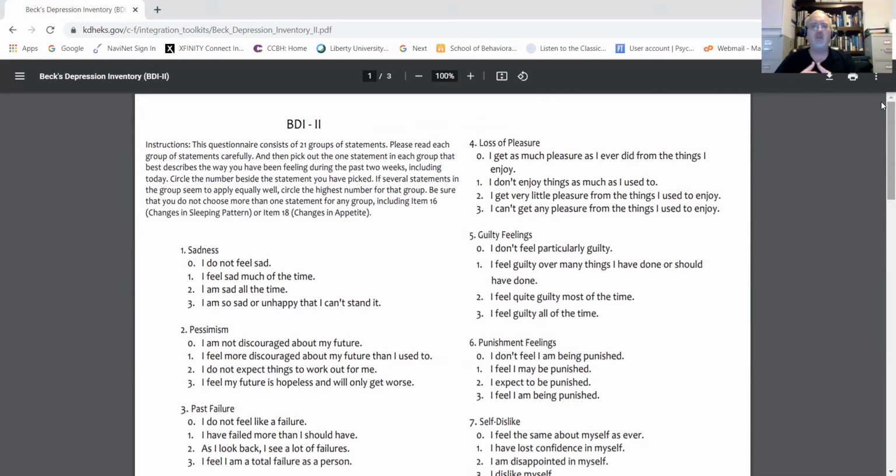In a limited use psychological test, that is how you develop a test: you identify what factors you think contribute.